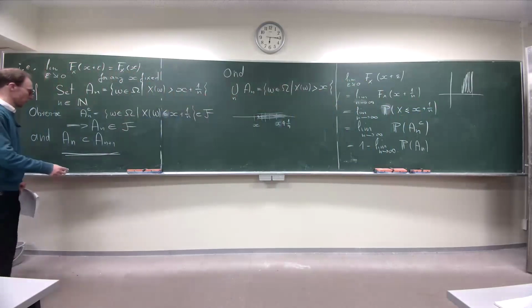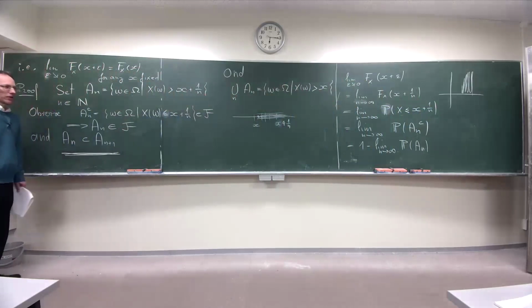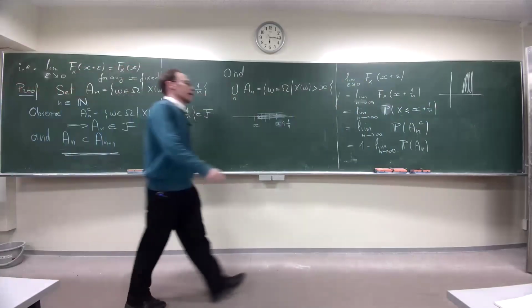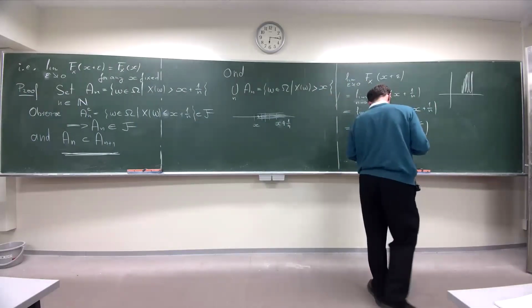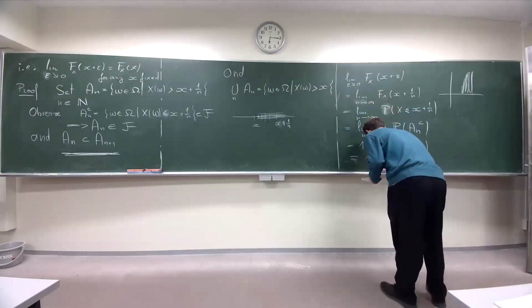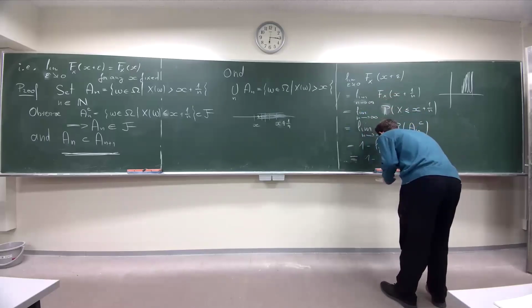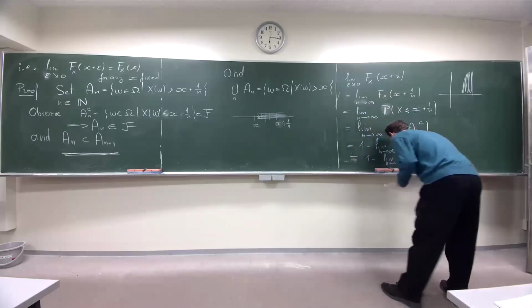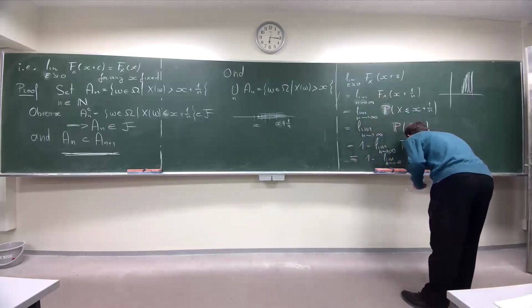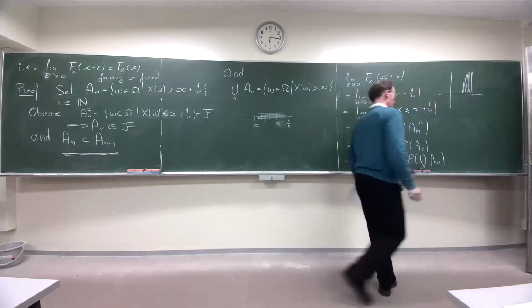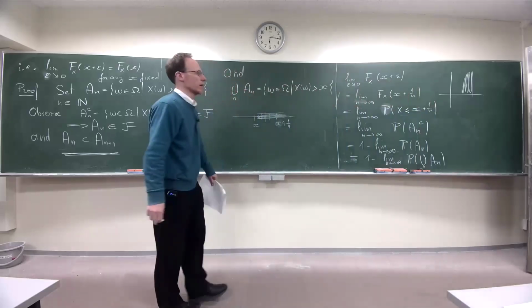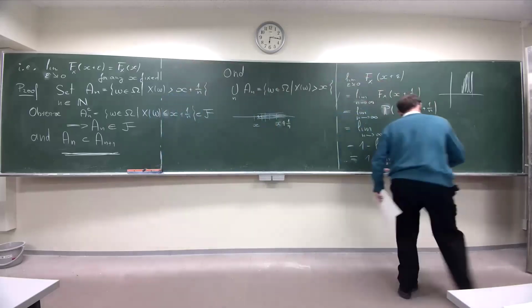And now I'm going to use this assumption, because now we are dealing with A_n. It's in chapter 1, probably. This is 1 minus the limit as n goes to infinity of the probability of the union of A_n.